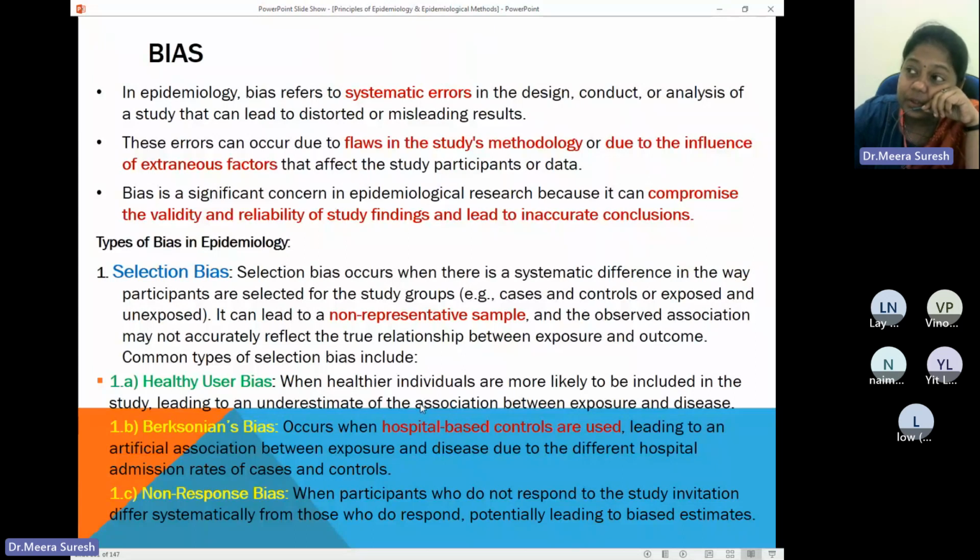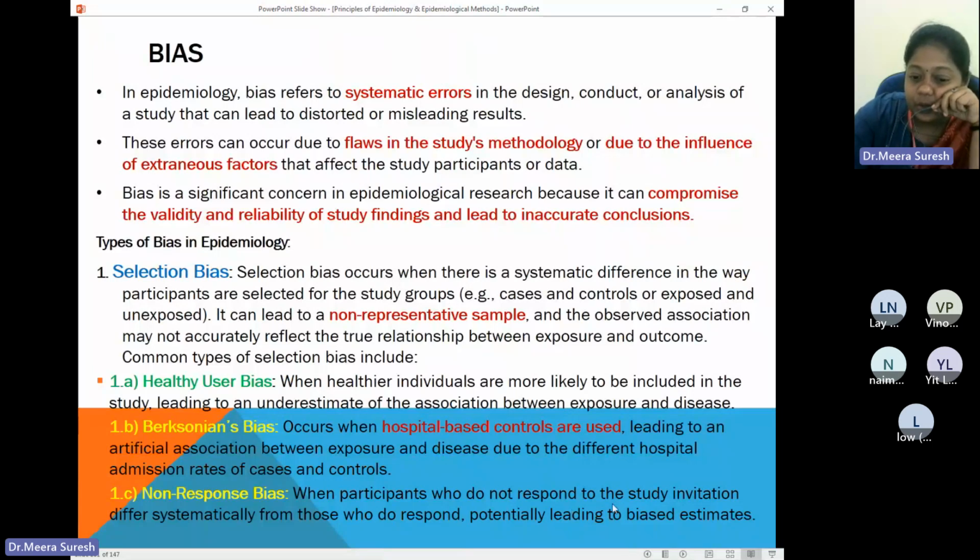When you collect the data, it is said that you can send it via email. You can post it. How many people are going to send you the reply back? So there can be a non-response bias also when they are not responding. So how are we going to address that bias? That also should be there in your article. Anyway, these are the errors that can come in.